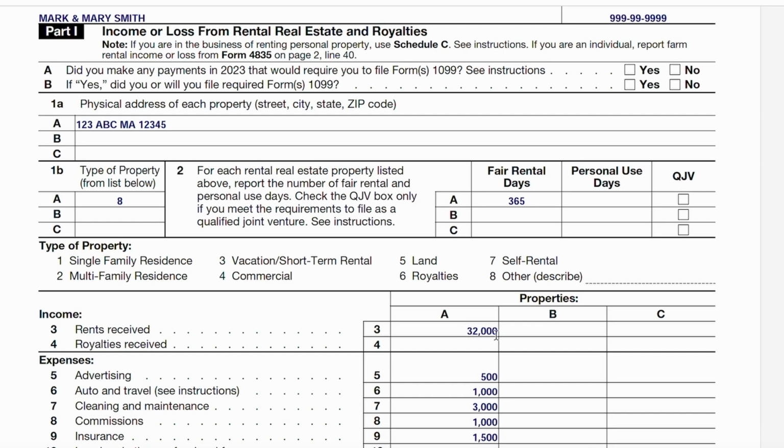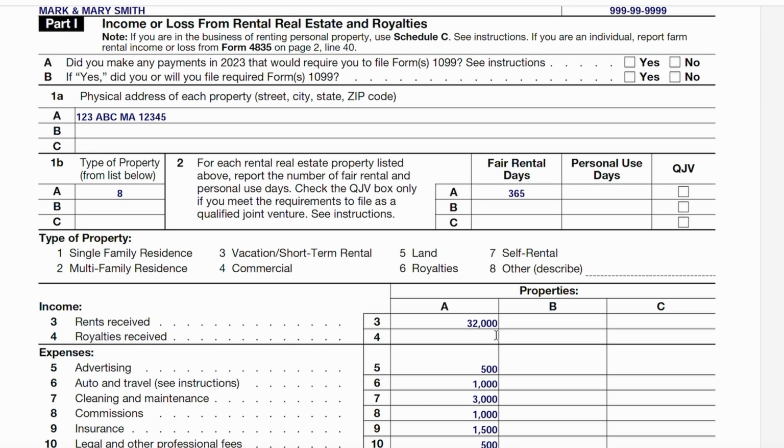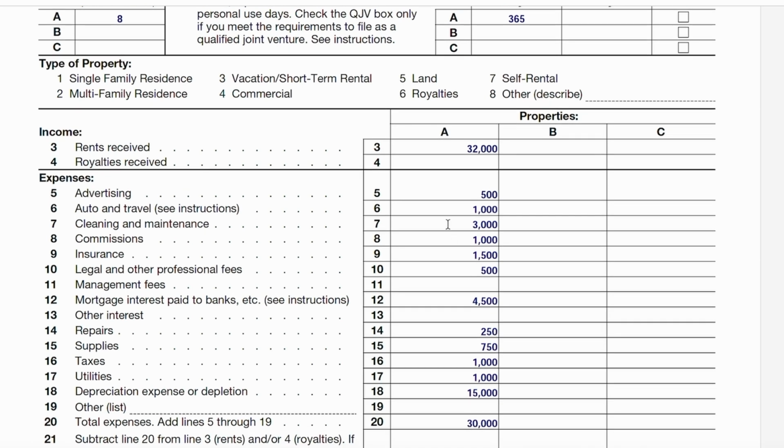Rent received 32,000. If you are renting something, you will have some expenses as well, and you are allowed to deduct those expenses. For example, advertising expense, supplies, insurance, commission, taxes. All these expenses you can deduct from your income.